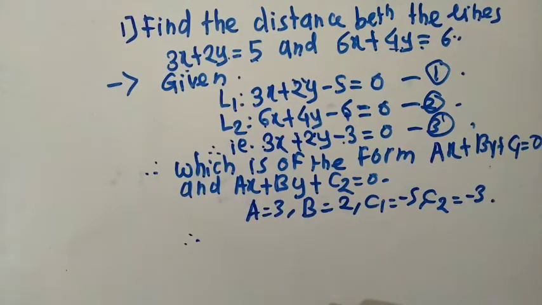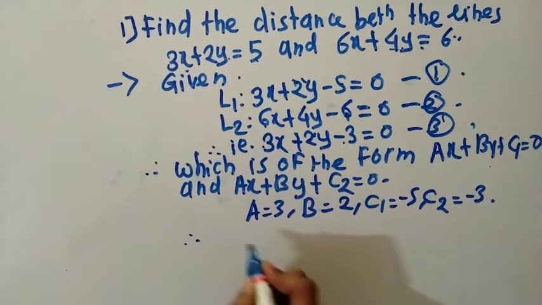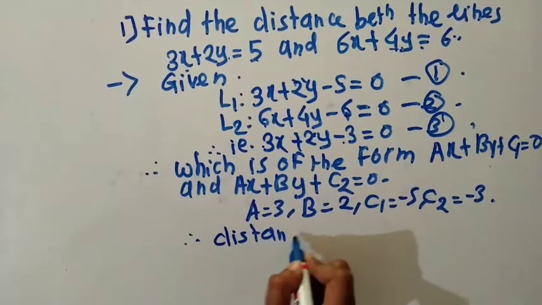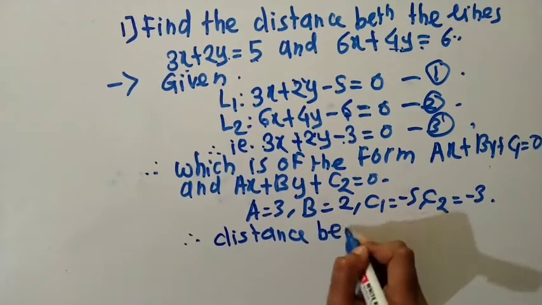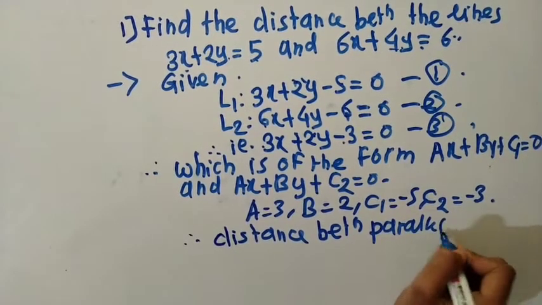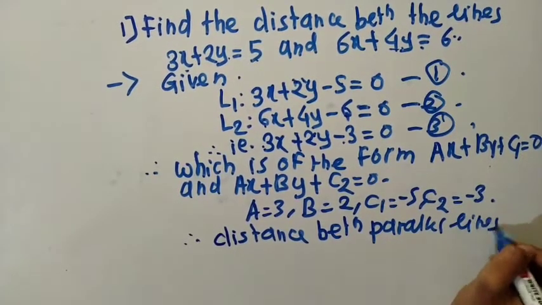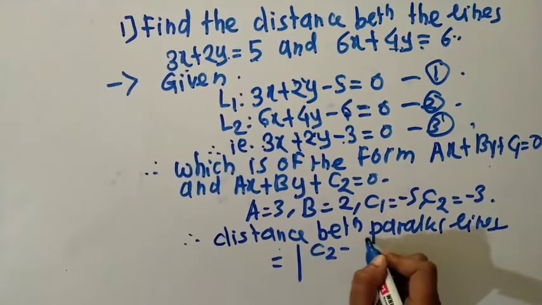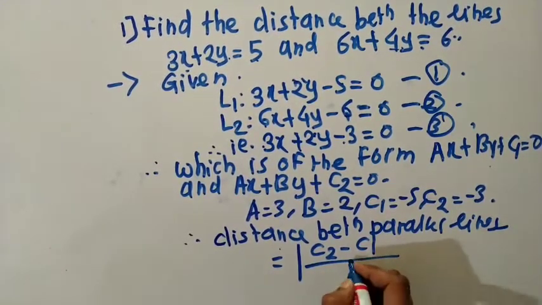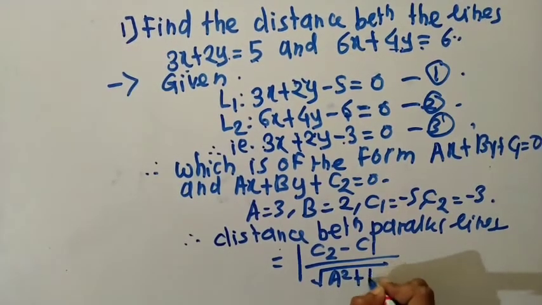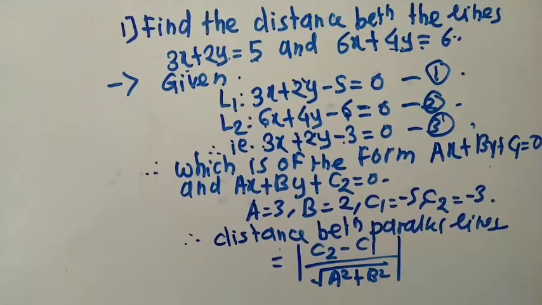Hence the distance between parallel lines is given by the formula |c2 - c1| upon root of a square plus b square.